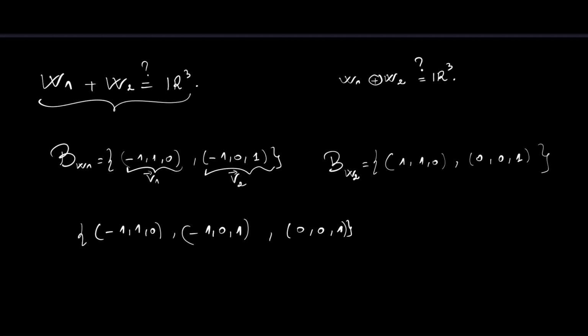To prove this forms the whole space R3, we just need to show they are linearly independent and span R3. To show they span R3, we can demonstrate that any general vector x, y, and z can be written as a linear combination of these 3 vectors.